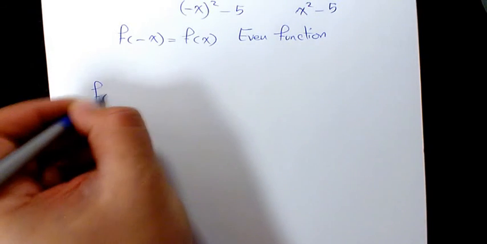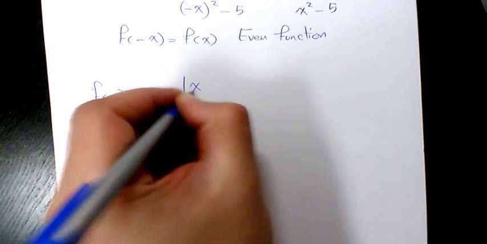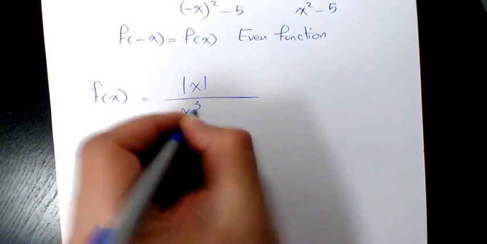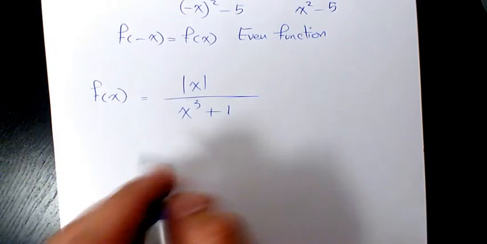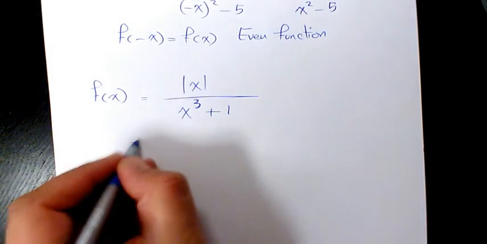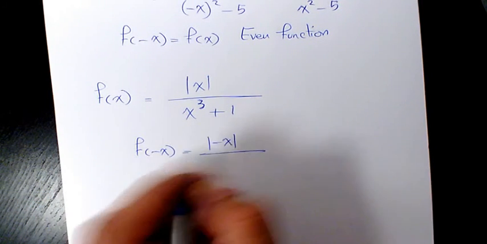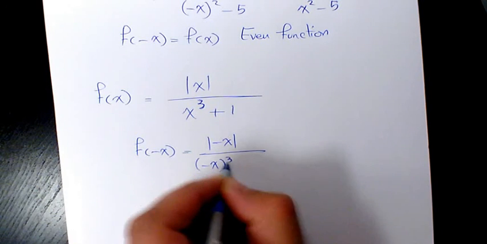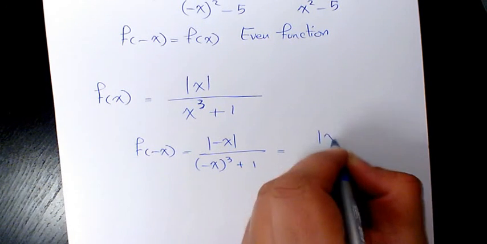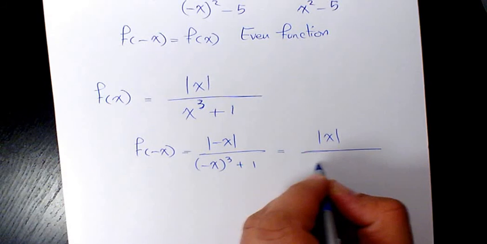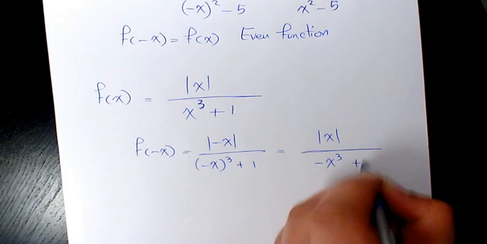And the last example, f of x equals the absolute value of x over x cubed plus 1. So f of negative x equals the absolute value of negative x over negative x cubed plus 1. That's going to be the absolute value of x over negative x cubed plus 1.